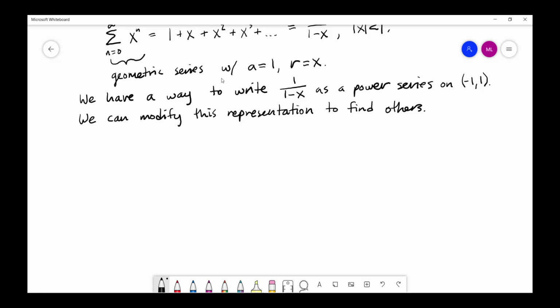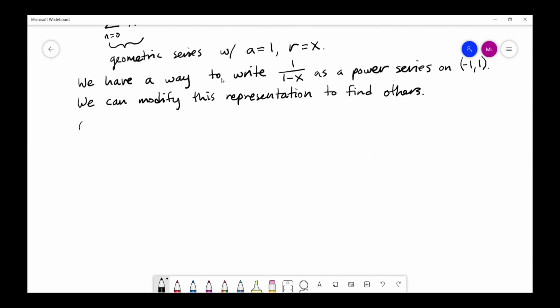There are a couple of things that we can do. Let me just go through a short list of some of the operations that we're going to be using. So we have some operations that are going to make life a lot easier for us.